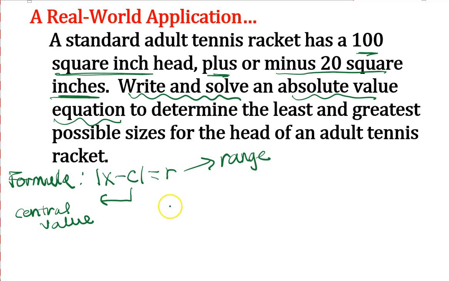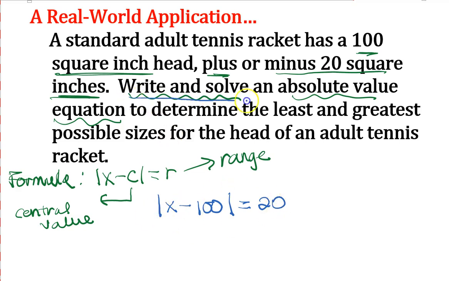So in this situation, let me switch colors again, we end up with this as our formula. The absolute value of x minus that central value. So is 100 or 20 the central value in this case? If you chose 100, you're correct. Equals the range value of 20. So this is the absolute value.